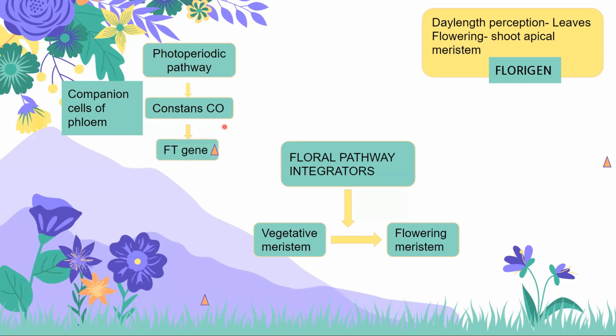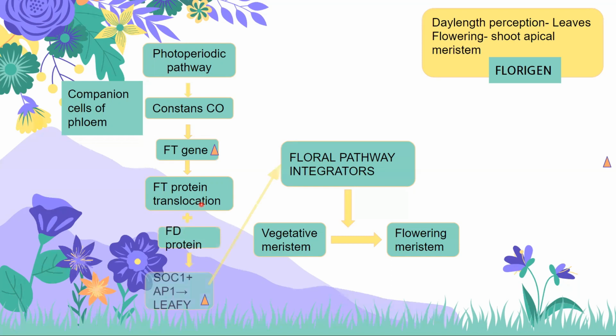The FT gene produces the FT protein. This protein in the flowering cells translocates to the nucleus, where it binds to another protein called the FD protein. The FT-FD protein complex activates two main molecules, that is SOC1 and AP1, that is APETALA 1, and the Suppressor of Overexpression of CONSTANS 1.